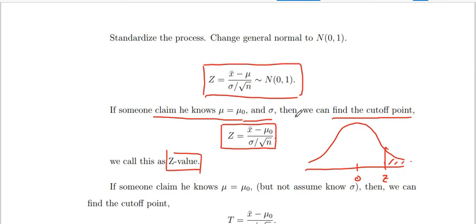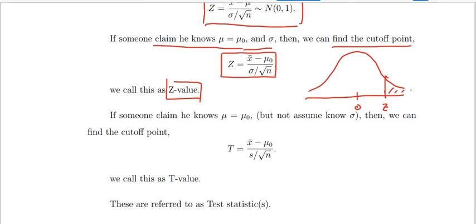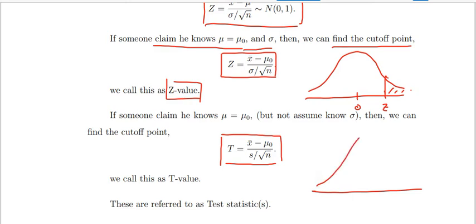If we don't know sigma, then we just replace sigma by s. Then this number is a cutoff point, but in this case we need to check a t table.